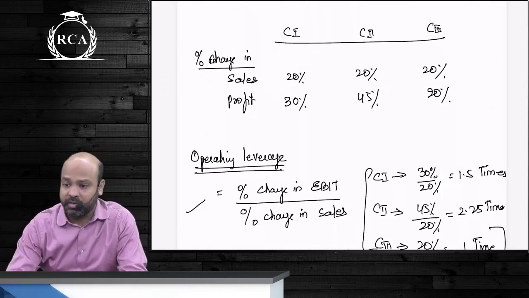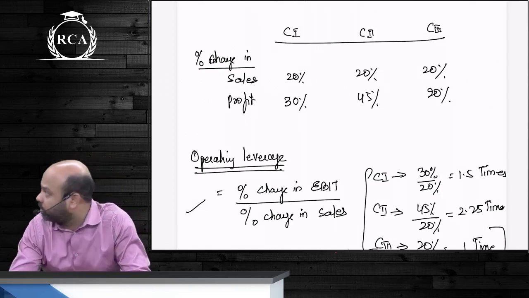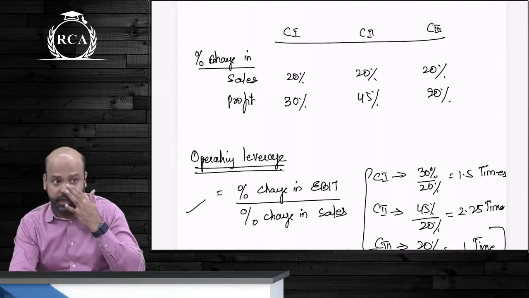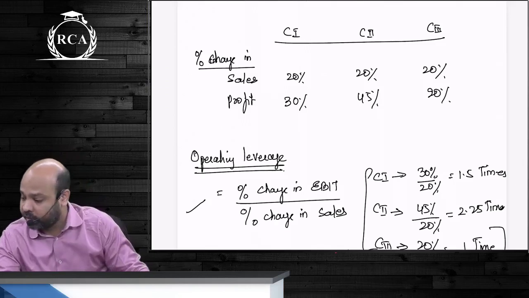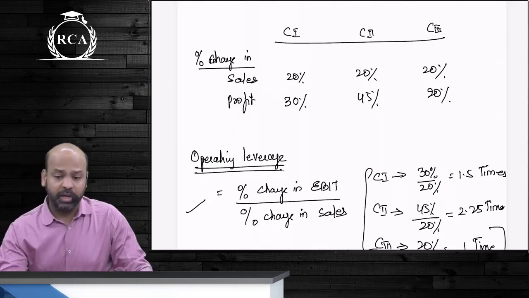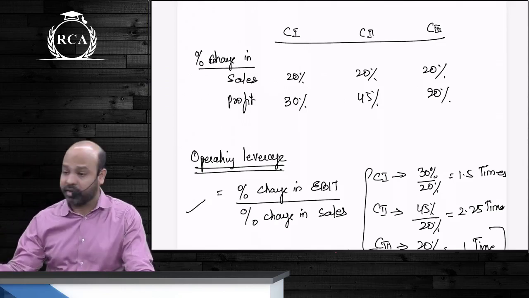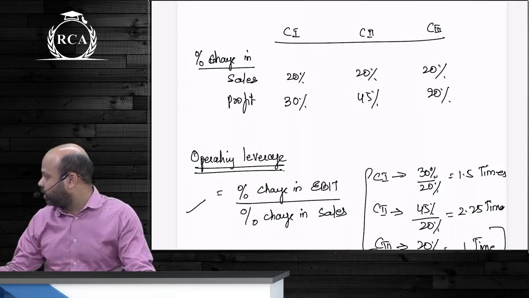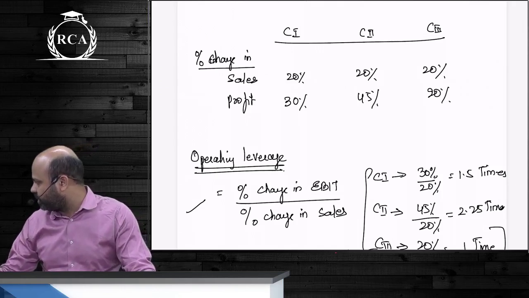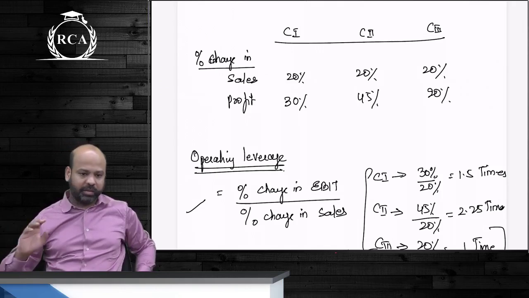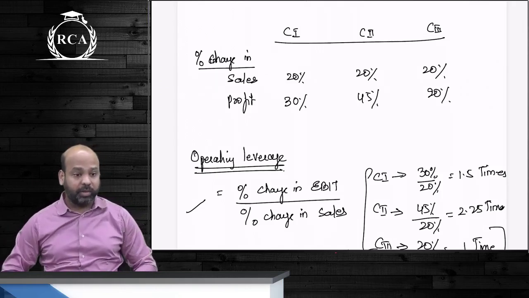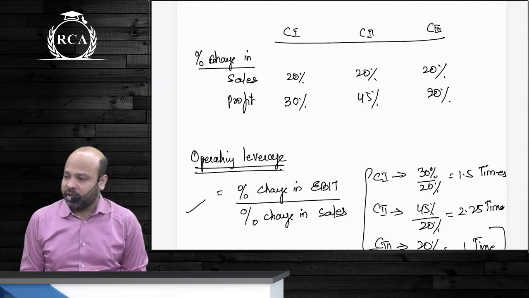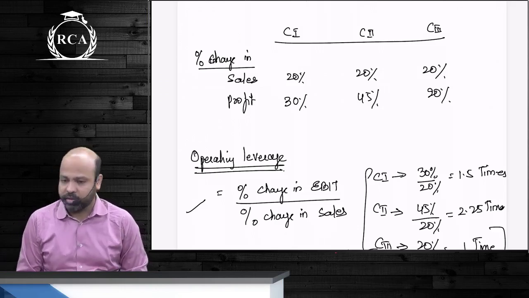For a firm that has a little lower fixed cost, the first company, the percentage change in profit was 30%, while the percentage change in sales is 20%. Then a firm that has a higher amount of fixed cost, that is company 2 here, we have a higher percentage change in profit for 20% change in sales. So what we understand here is, the higher the amount of fixed cost, the higher will be the percentage change in your profits. The lesser the amount of fixed cost, the lesser will be the percentage change in profits.